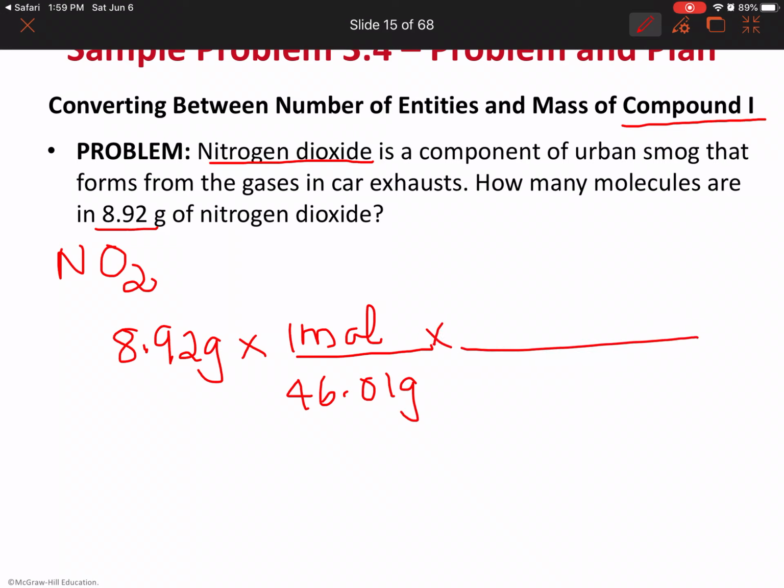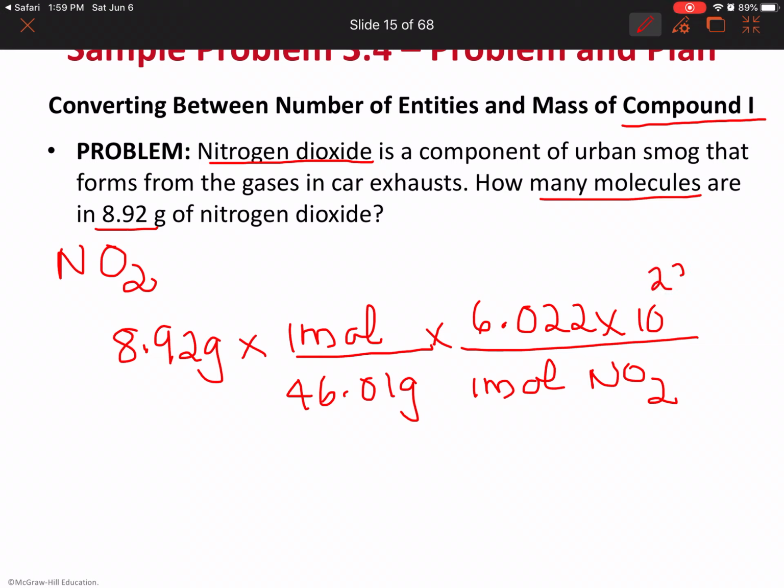Then 1 mole of NO2 has Avogadro's number of molecules, because we want molecules: 6.022 times 10 to the 23 molecules.